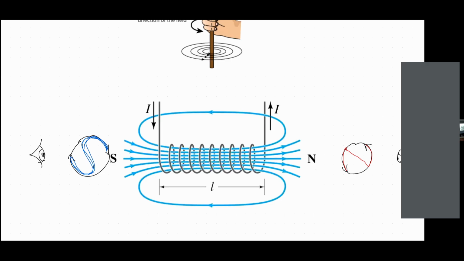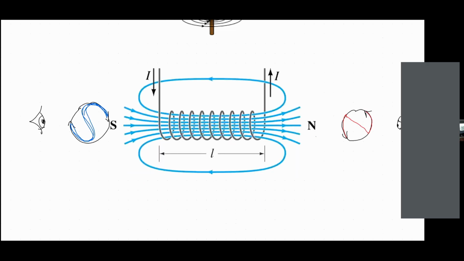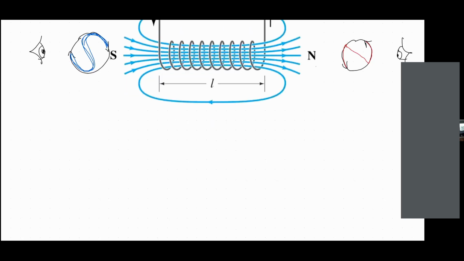This is because magnetic permeability is basically how easy it is for a magnetic field to penetrate that space. And this becomes important when you've got a coil, for example.